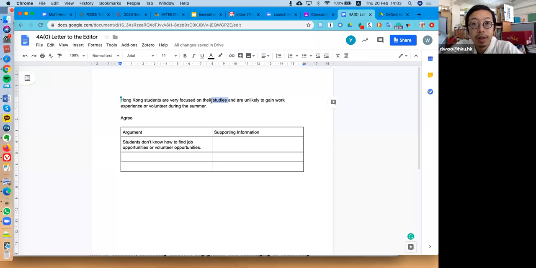Hong Kong students study for a long time. And this says they are not going to work or volunteer. So I'm not sure. I don't know if students work for a long time. This sentence means students are not going to work. But you might be close to something.